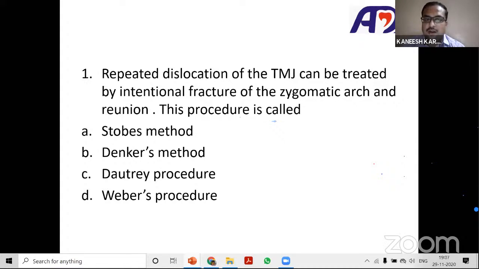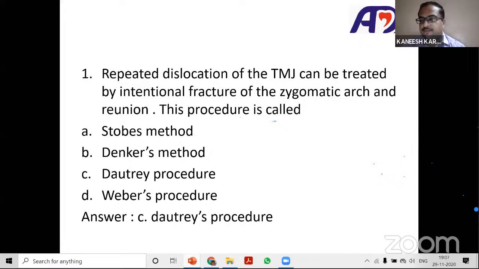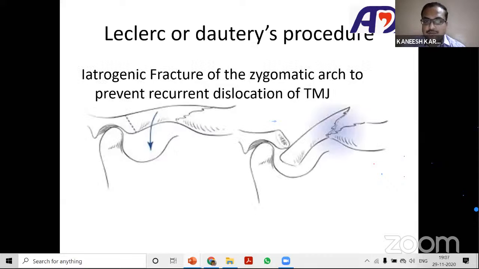This procedure is called Dautrey's procedure. Dautrey's is fracturing of the zygomatic arch intentionally, so that this condyle does not dislocate. This is called Leclerc or Dautrey's procedure.